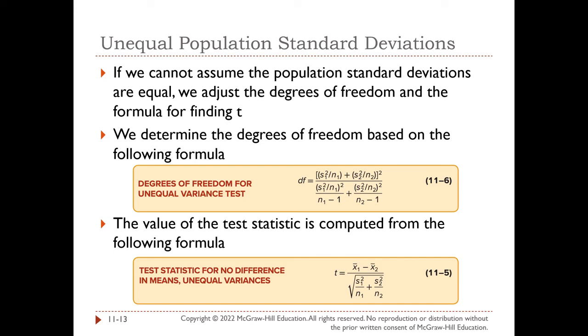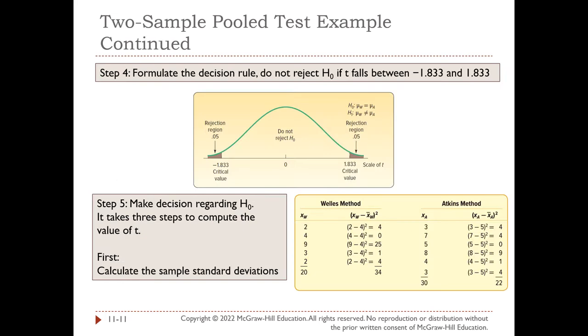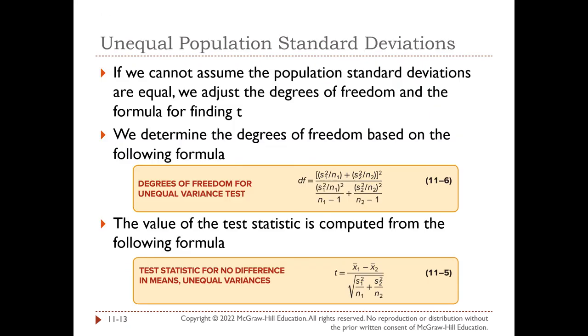Next, unequal population standard deviations. Oh Lord. If we cannot assume the population standard deviations are equal. So here we assumed that they're equal. If they are not equal, we adjust the degrees of freedom and the formula for finding t.